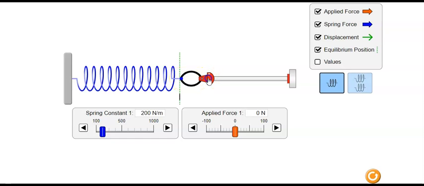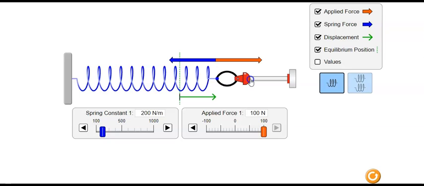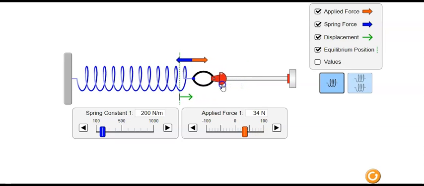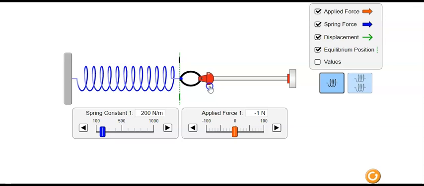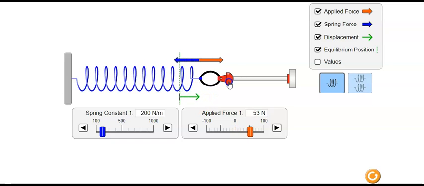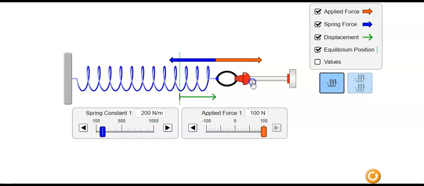However, when I squeeze and drag to the side, you can see the spring wants to recoil back to the original equilibrium position. Let's take a look at the vectors that are involved here. When I pull back with an applied force, the orange vector pointing to the right is being reacted against by the spring's restoring force.